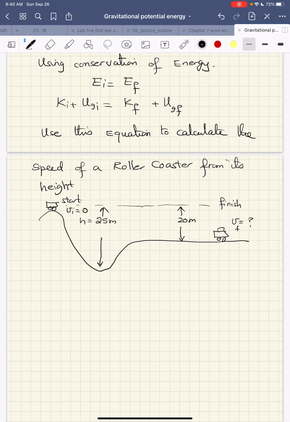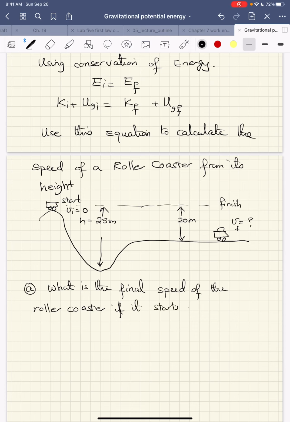Let me write the question first. What is the final speed of the roller coaster if it starts from rest?